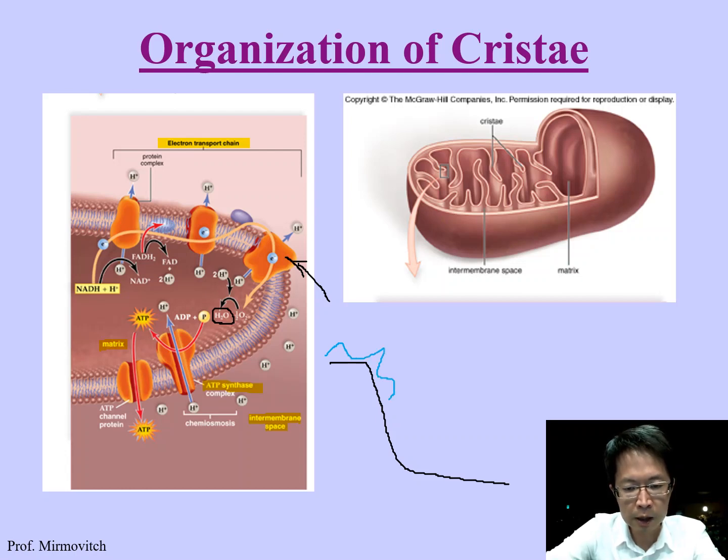So you have a mountain and then you have water. The blue thing is the water. The water goes down the mountain, right? And then you can have a turbine here.